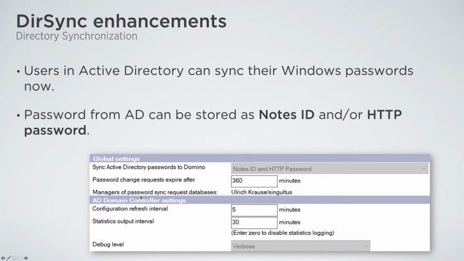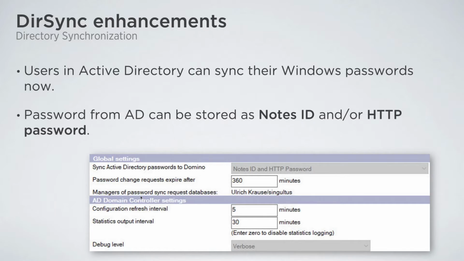Another nice example of how we enhanced and improved the features that we introduced in version 11 is DirSync, or directory synchronization. This is a tool that allows the admin to synchronize user and group data one way from Active Directory to the Domino directory. In version 11, the previous version, we were not able to synchronize passwords.